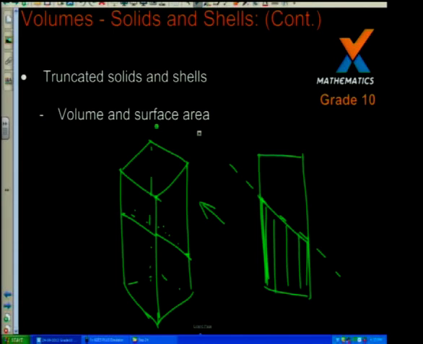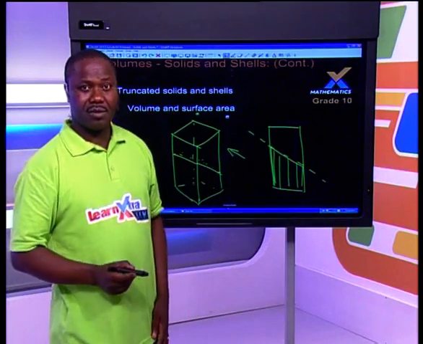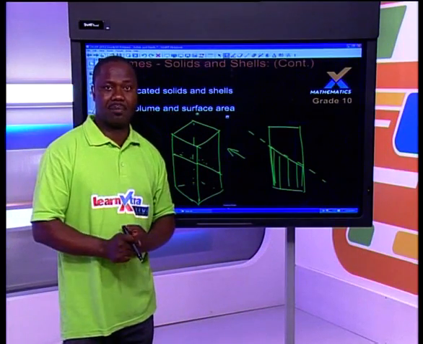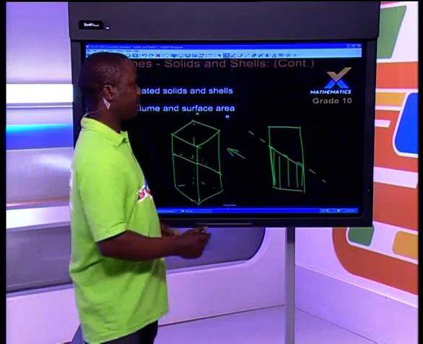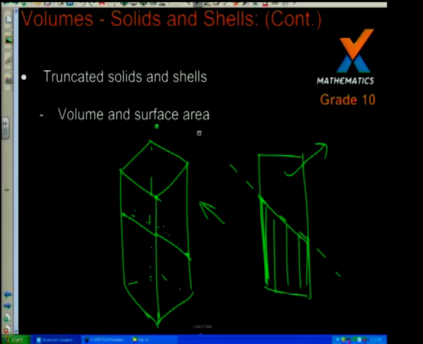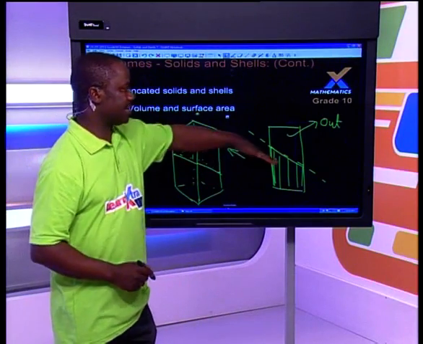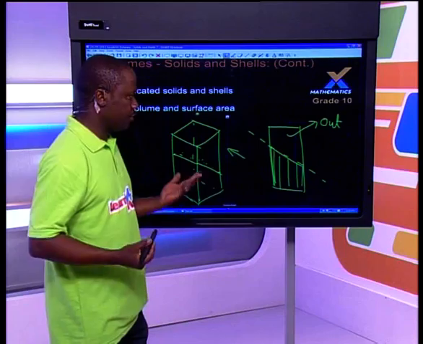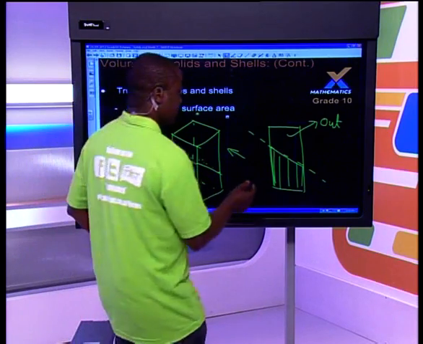Now the question is, how do you find a surface area of that truncated prism? If I just chop the top half and threw it away, now I'm left with this prism, which has got now a slanted height. How do you then find the surface area of that?